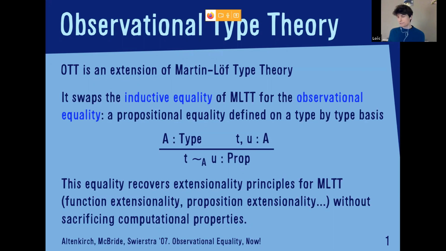Because of its definition, the observational equality will happily support the principle of function extensionality and can straightforwardly be extended to support more principles, such as the extensionality of propositions or bisimilarity of coinductive types and whatnot.